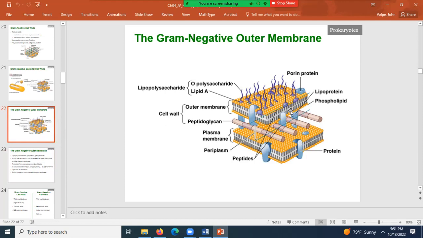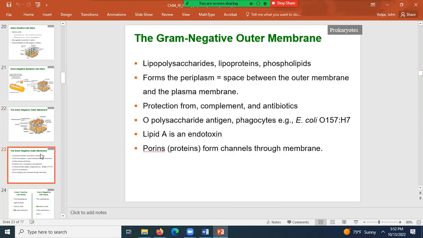If it can't leave the outer membrane, it will get trapped in the cell. And the waste molecule may be able to go through this porin protein that acts like a channel protein. All right, any questions about the gram-negative outer membrane?